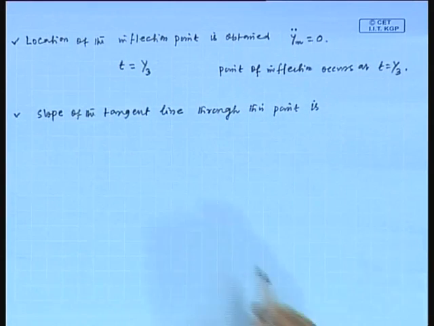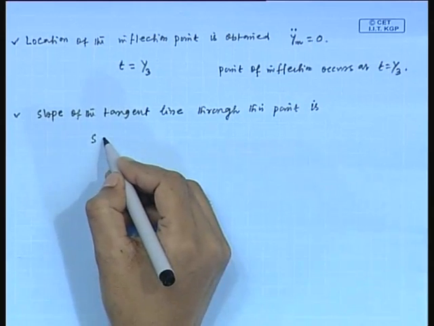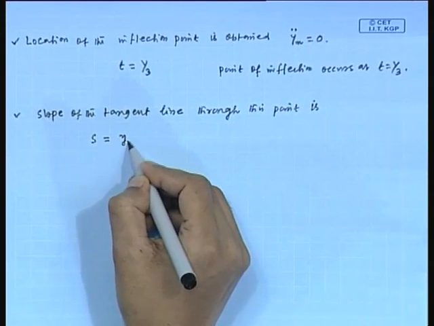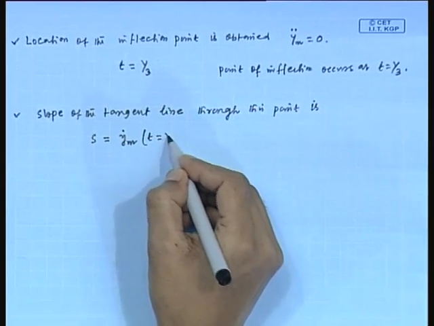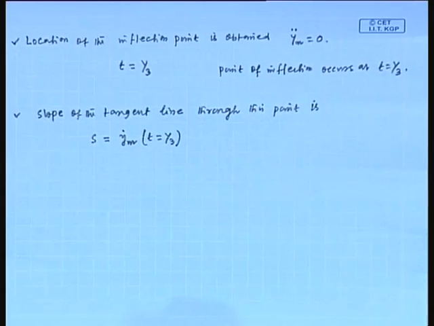The slope S equals the first derivative at t equals 1/3.